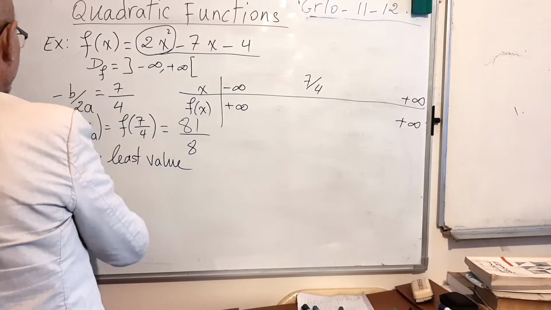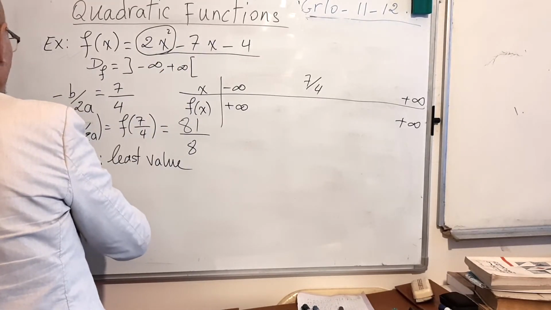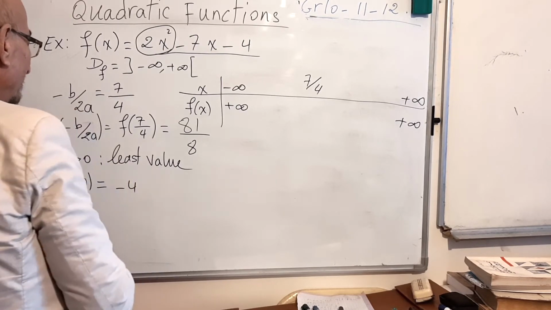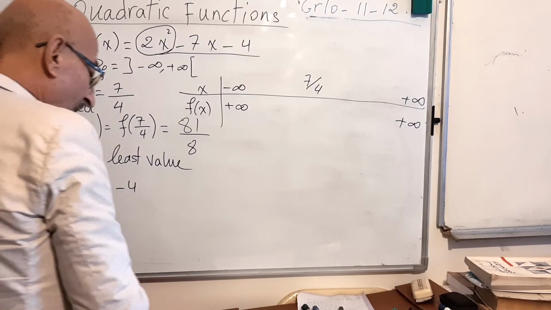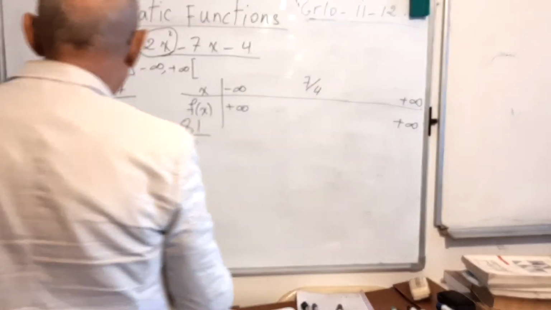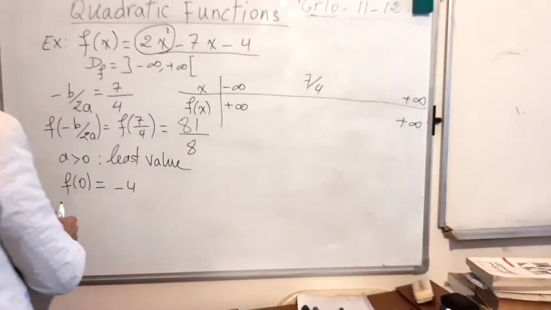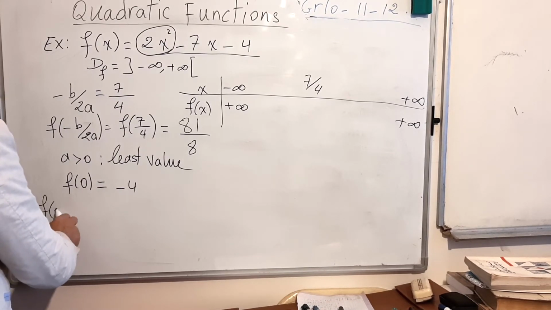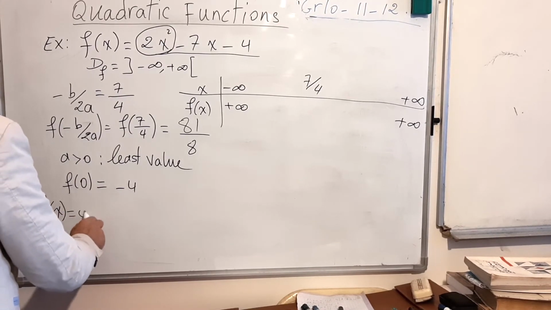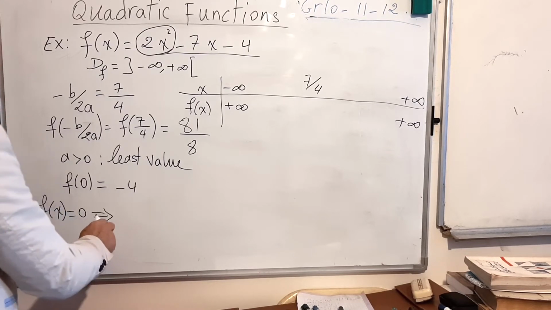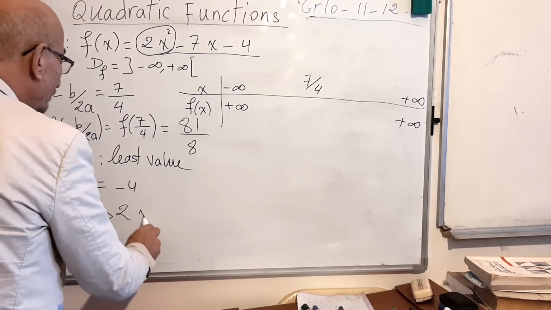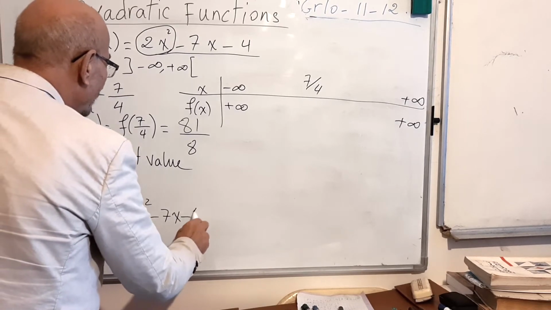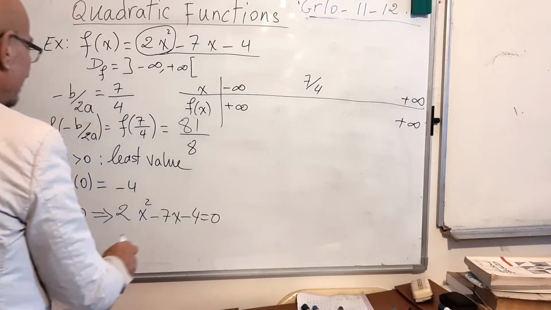For x equals 0, f of x is minus 4. And for f of x equals 0, we have 2x2 minus 7x minus 4 equals 0.